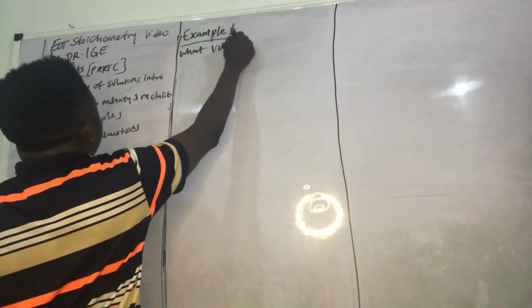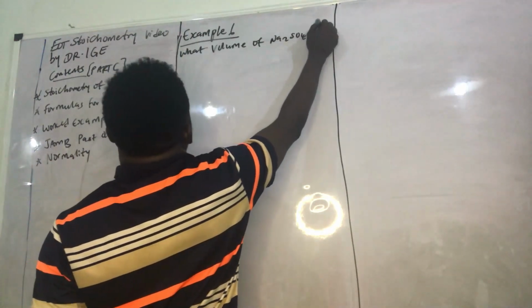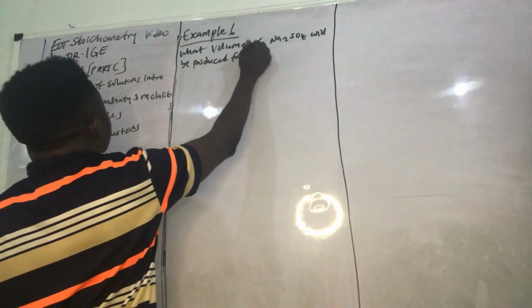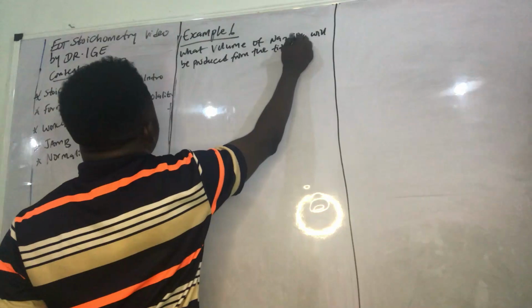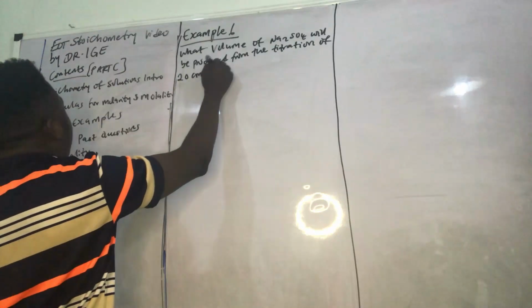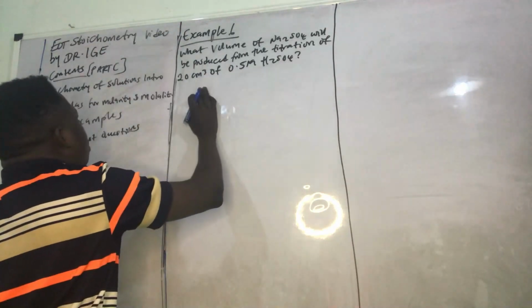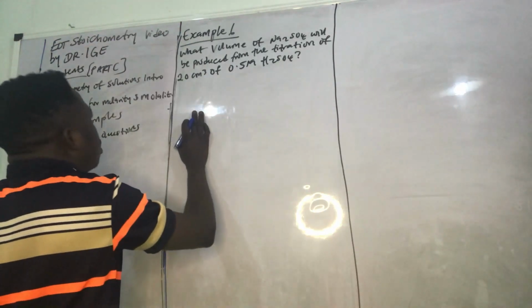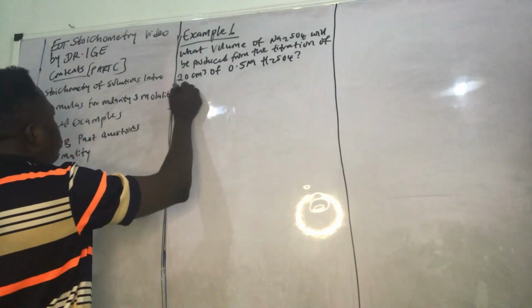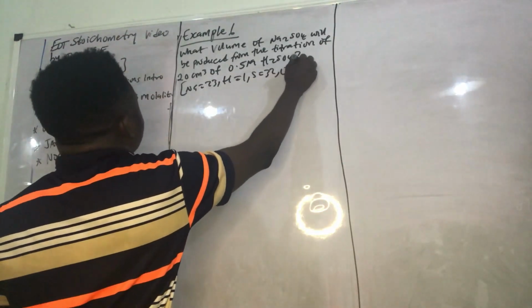What volume of Na2SO4 will be produced from the titration of 20 cm3 of 0.5 M H2SO4? Given that Na is 23, H is 1, sulfur is 32, oxygen is 16.